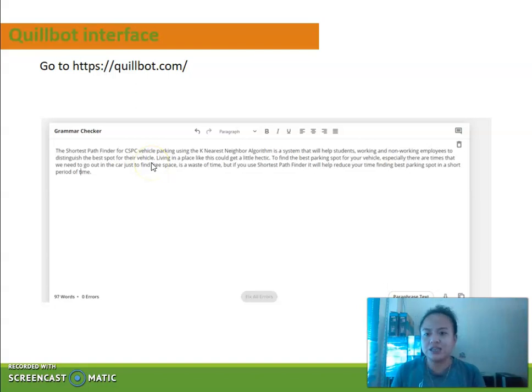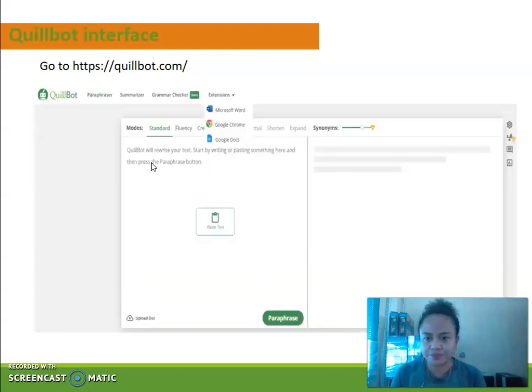So, that is the grammar checker feature of Quillbot. So, zero errors. Another feature is the extensions. We have Word, Google Chrome, and Google Docs extensions. So, we can just add Quillbot inside these.